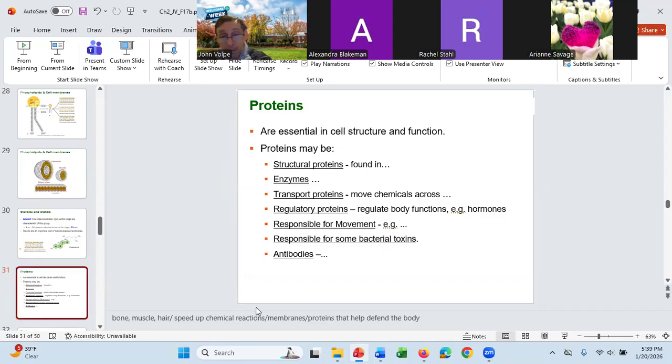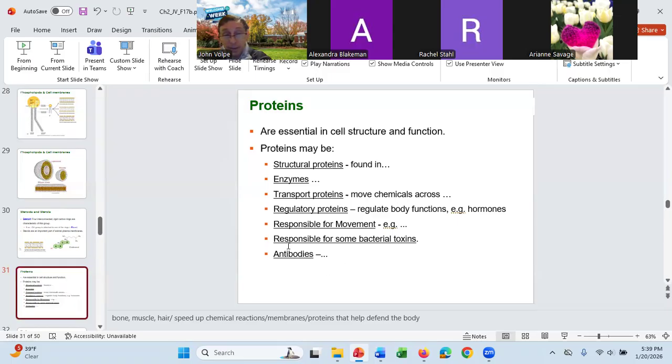Proteins can be responsible for some bacterial toxins, like Corynebacterium diphtheriae toxin is a protein. So is the poison on newts. It's a protein that the newt secretes on its skin.